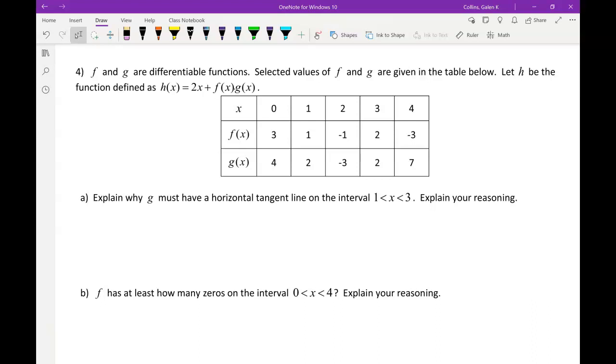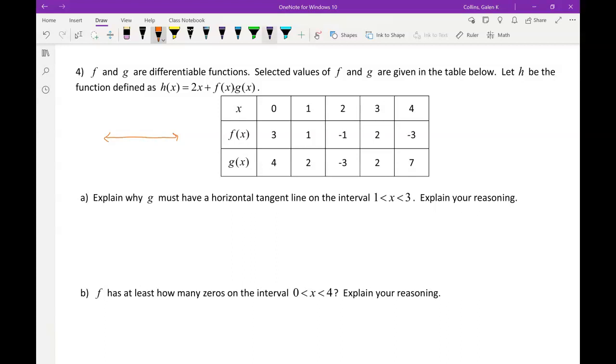I might have to think about this for a moment, but first of all, I know that the derivative of a function yields the slope of its tangent line when I input a particular value. And I also know that a horizontal line has a slope of 0. So I will need to communicate that I know those things in my answer.